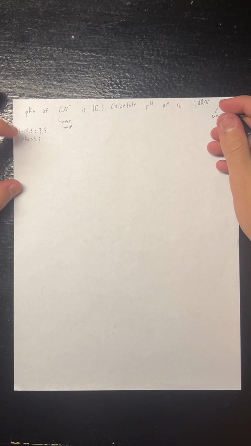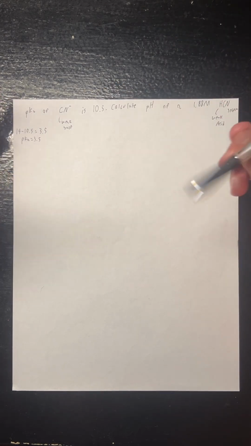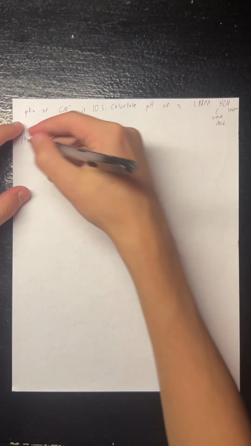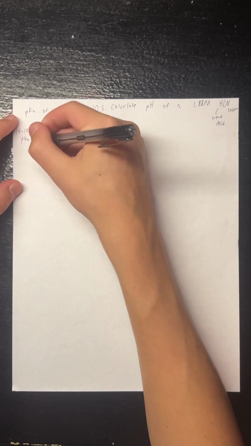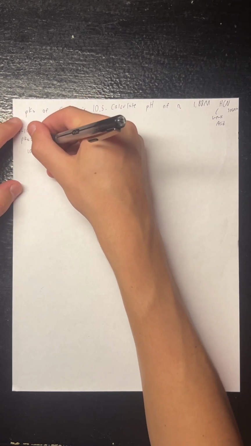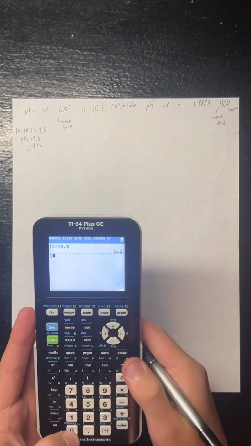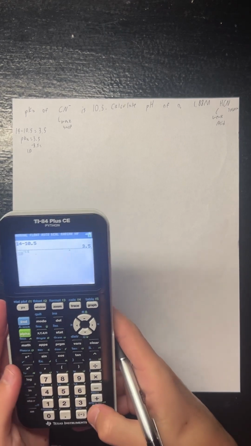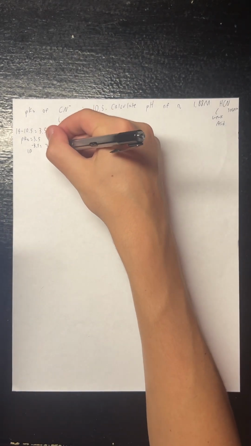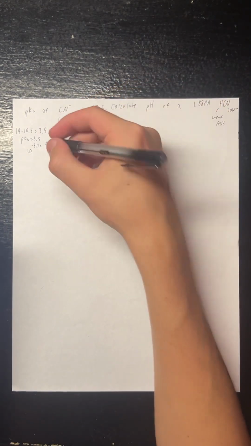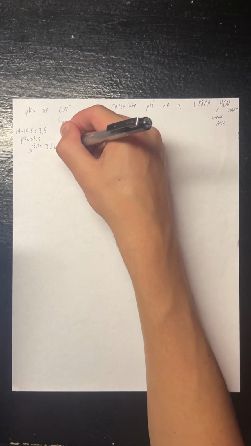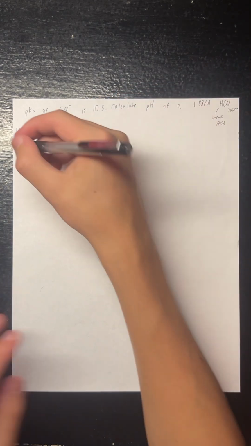And how do we convert pKa to a Ka? It's just 10 to the negative 3.5, which is 3.16 times 10 to the negative 4. So now that is our Ka.